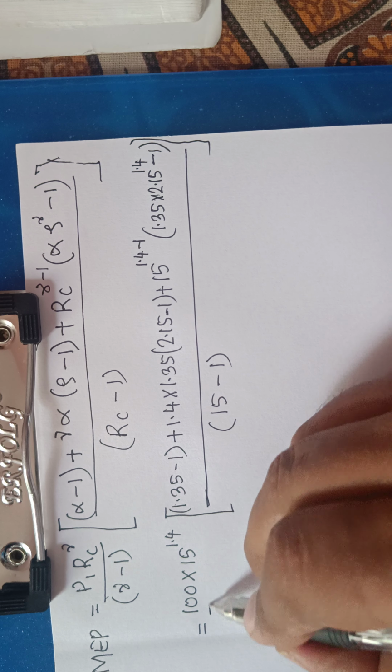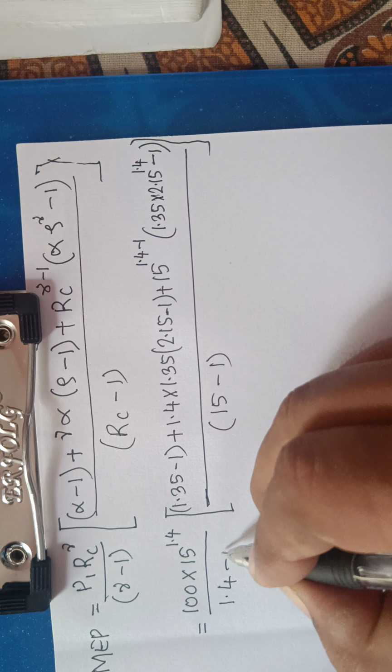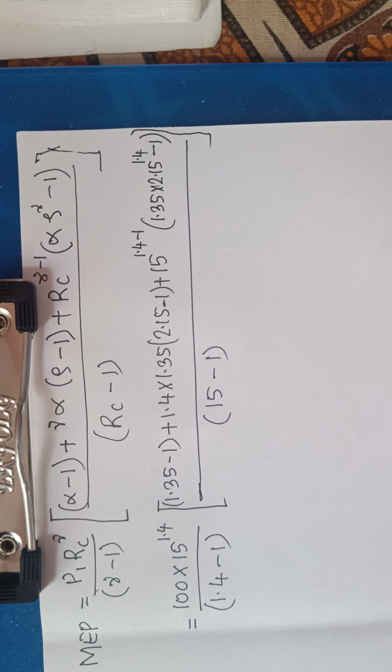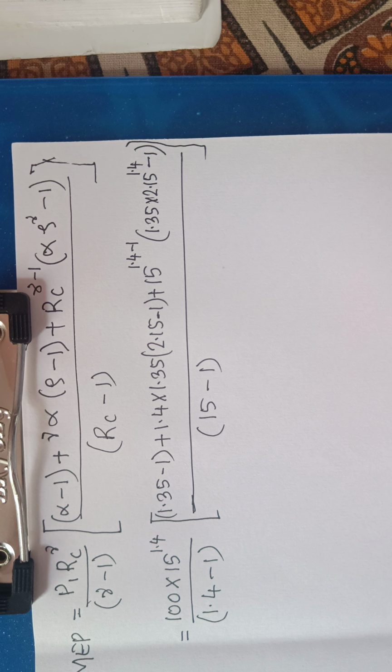In the denominator you have 1.4 minus 1. So this is the equation to find out the value of MEP, mean effective pressure.